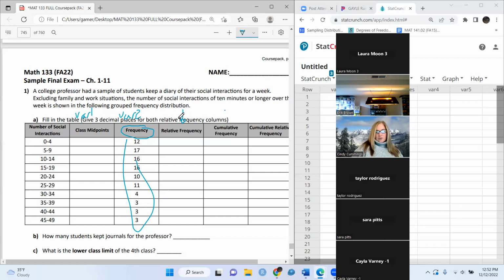Subjective is what somebody thinks. We really just did empirical and classical. If it was rolling a die, or knowing there are 4 aces in a deck of cards, that would be classical.